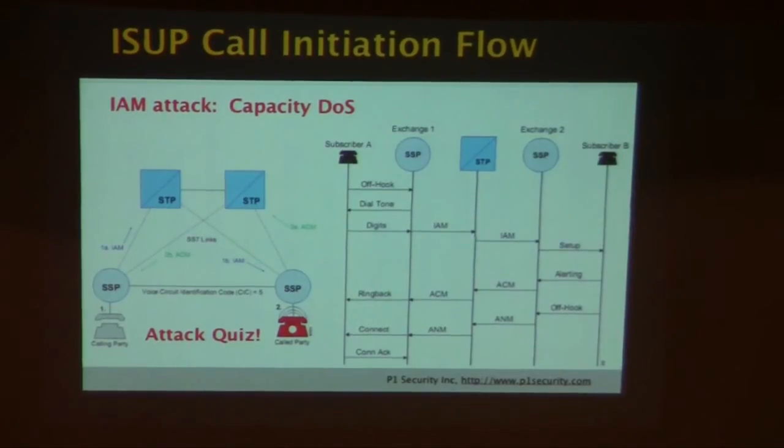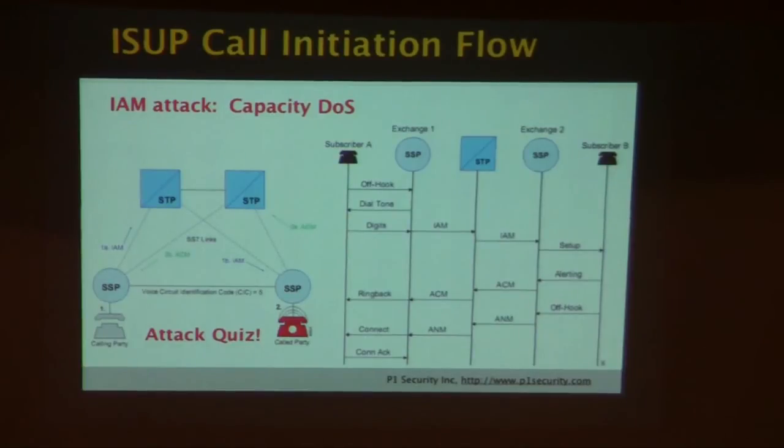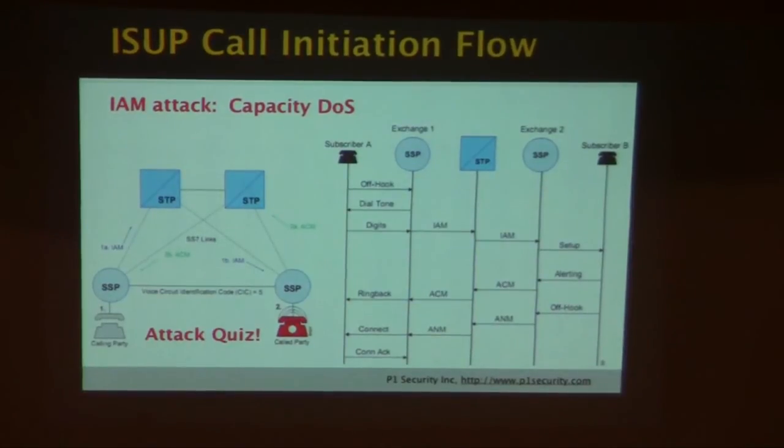What is of course obvious is that there's a limited number of voice lines between one switch and another. You just fill up with 32,000 requests and you're sure that there won't be any sufficient circuits for any person to call from that region to that region for the period of expiry of this circuit. So we are talking about a very easy way to disrupt a nationwide communication network.